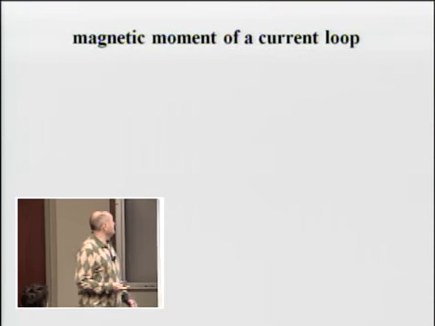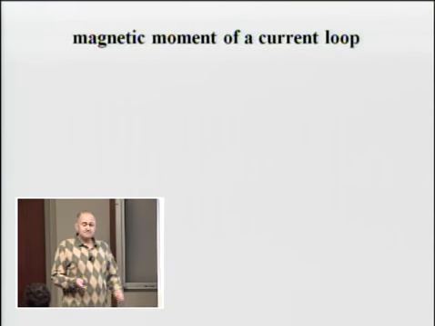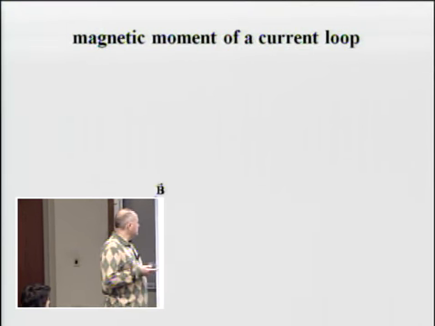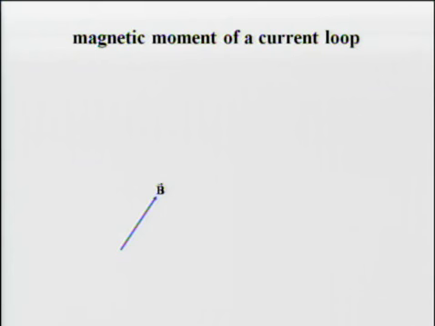However, for engineering purposes, we can take advantage of the fact that objects have magnetic moments. Let's take a look at the magnetic moment of a current carrying loop. We figured out that the force exerted on such a loop is 0. Let's say that this is the magnetic field, and I have a frame in which current flows in this direction.